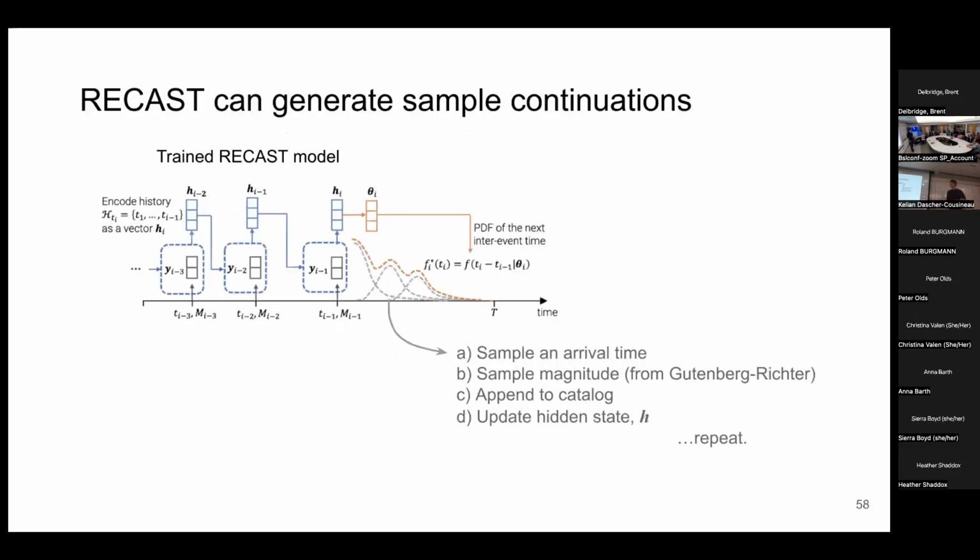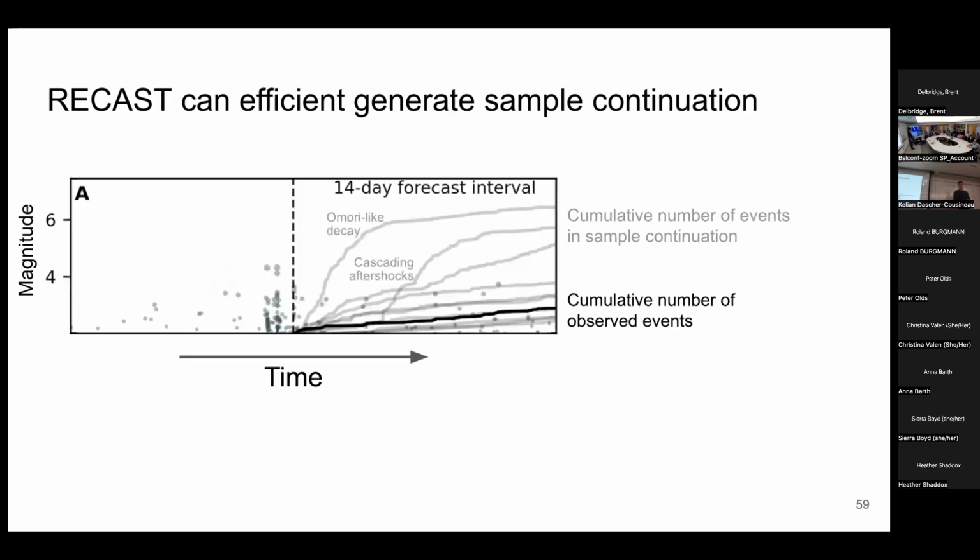So RECAST is actually quite well suited for this, and in particular because of the choice of a Weibull mixture distribution, we can just seamlessly sample from the distribution itself. And this affords a lot of computational efficiency, but also just makes it really easy to generate a lot of earthquake sequences or catalog continuations.